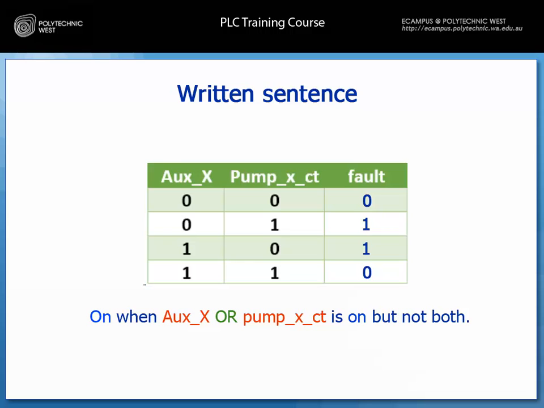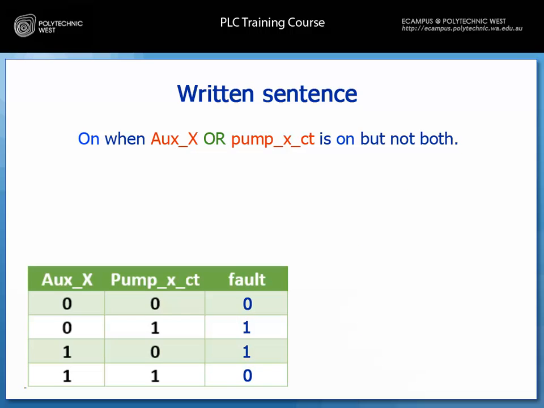You may recognize this truth table as the one for the exclusive OR. We can still go through the exercise of developing the program. We can have a look at this sentence. Both means auxiliary X and pump XCT. So not both will mean not auxiliary X and pump XCT.